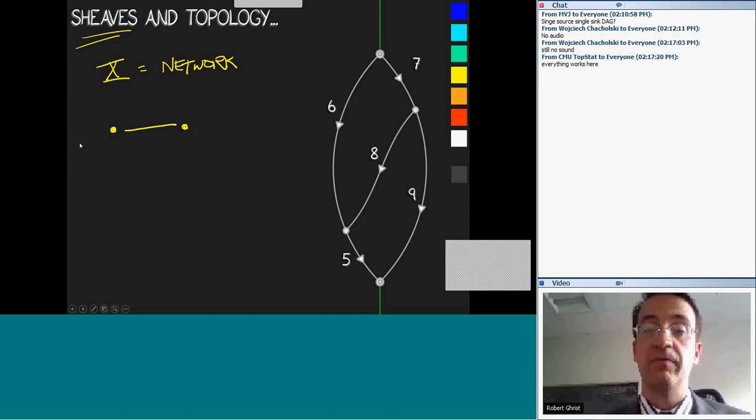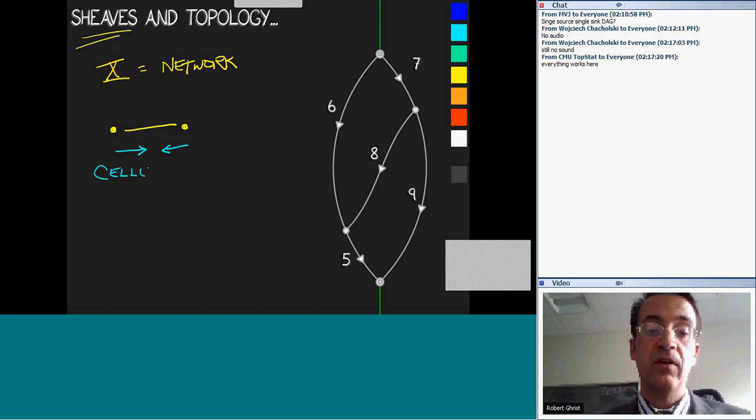Now that cell complex can be thought of as a category where the objects are the vertices and the edges, of course, and we have nice morphisms from the vertices to the edges.